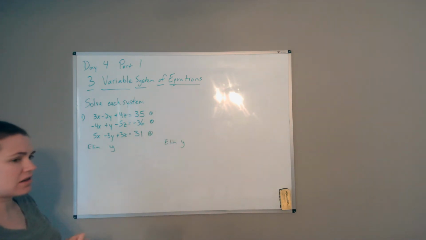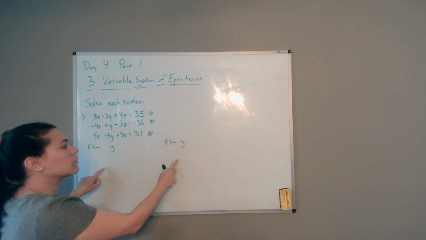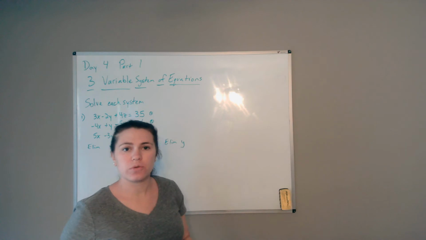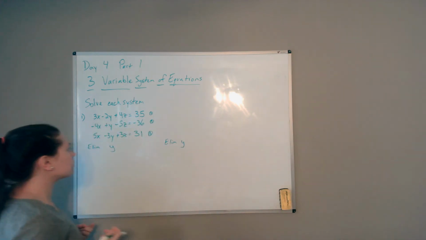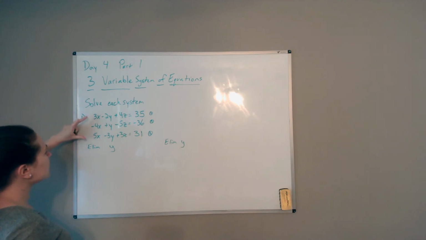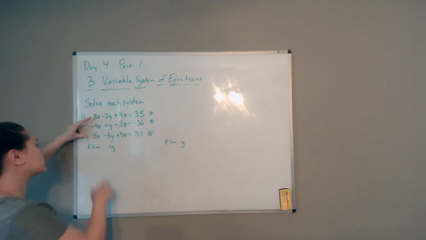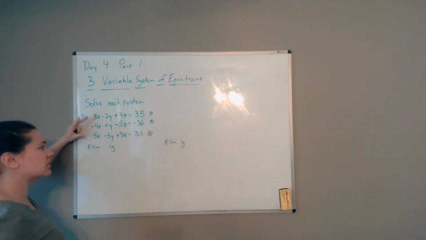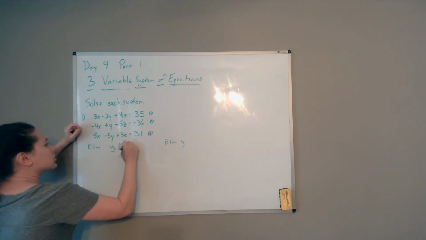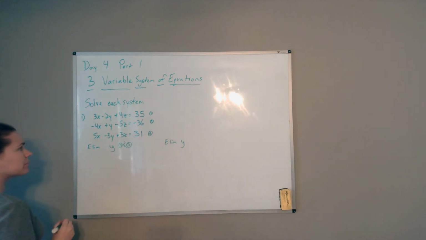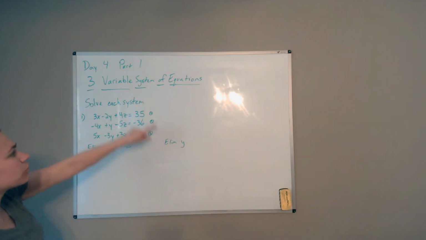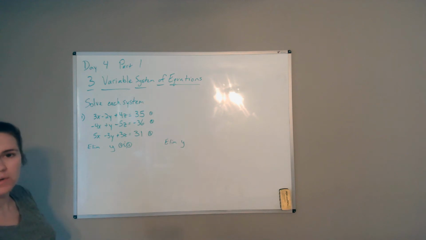And you have to get rid of y twice. And what I mean is, we're going to have 2 equations without y in it. That's going to be our 2 variable, 2 equation system. So what we do is, okay, we have 3 equations, we're going to take two of them and eliminate y in that system. So I'm going to take equation 1 and equation 2, and I'm going to eliminate y. Then we need a different pairing. We can't do 1 and 2 again.